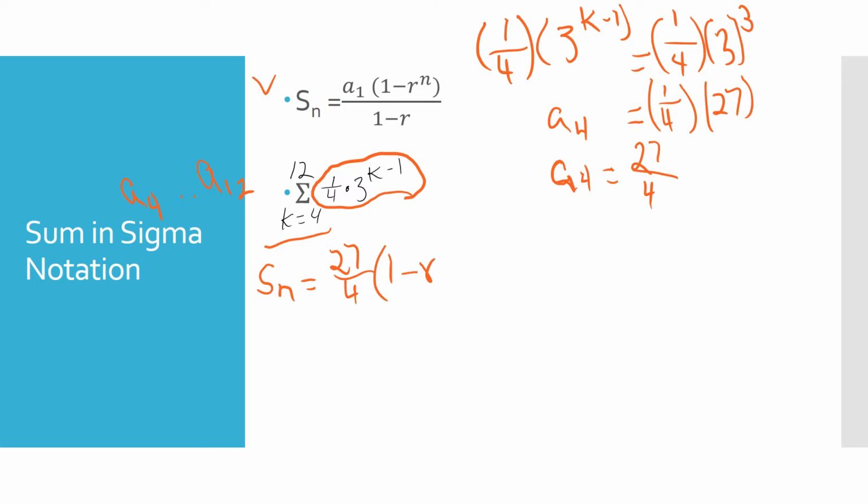So what is n? Well, you might first think it's 12. But it's not 12 because we're going from 4 to 12. Your next step might be, well, 12 minus 4 is 8, so we'll raise r to the power of 8. And if you did so, you would be wrong. So let's think about this.